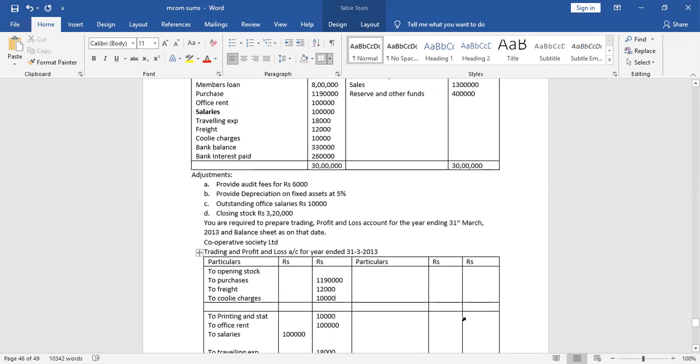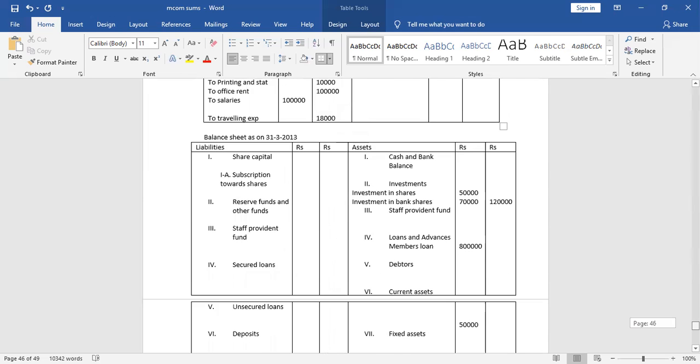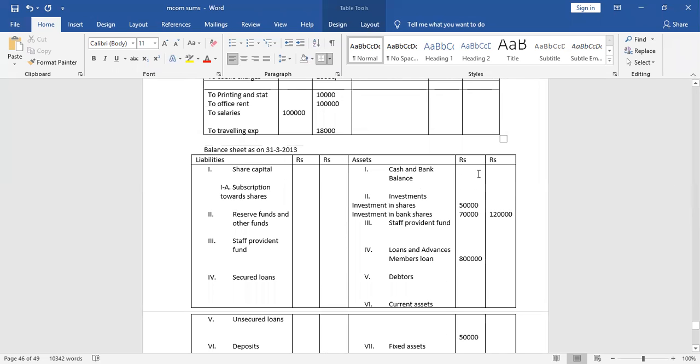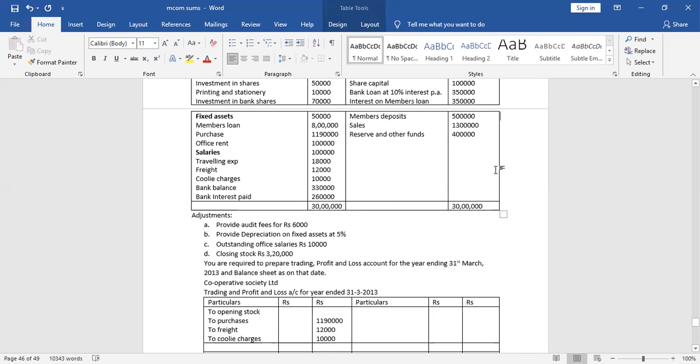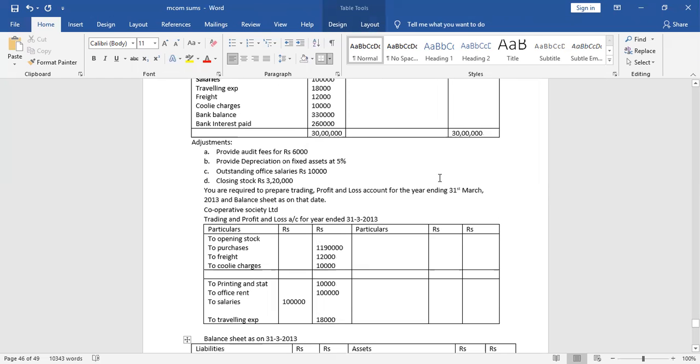Then we have bank balance, 3,30,000. So 3,30,000 bank balance. Then we have bank interest paid, 2,60,000.